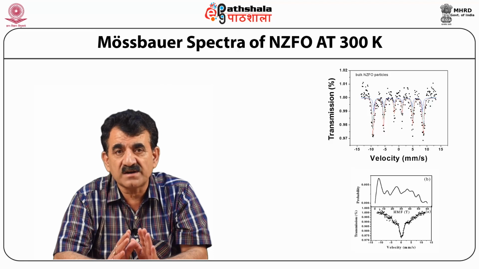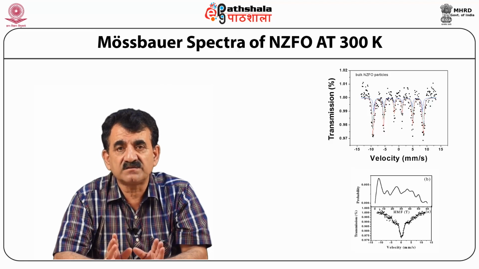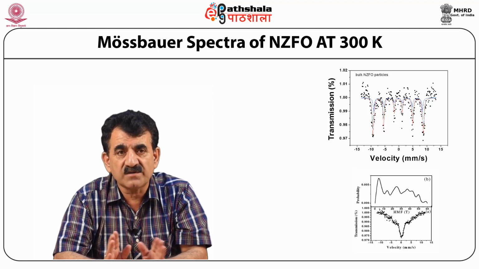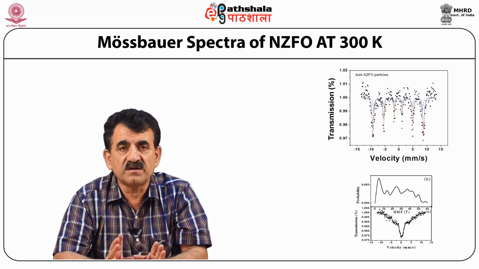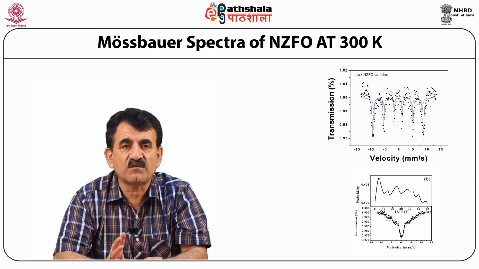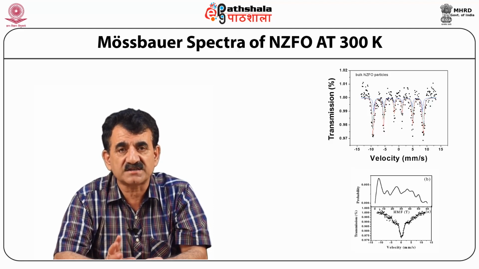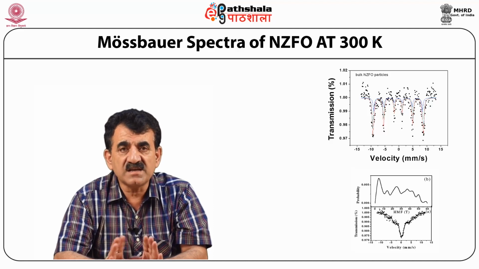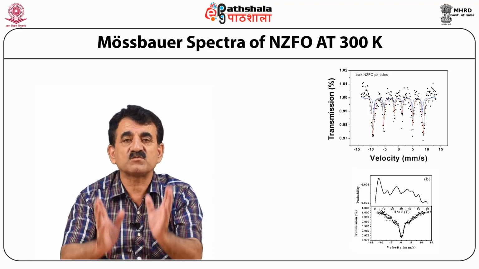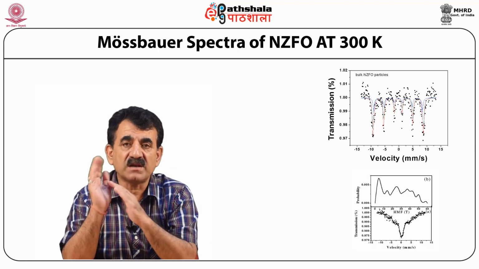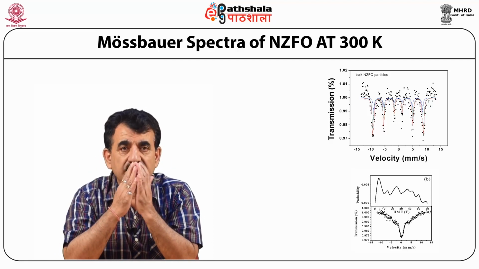There is no well-defined 6-line pattern. So basically this is the Mossbauer spectrum of a single-domain system, which we call the superparamagnetic state. So there is a clear-cut difference in the Mossbauer spectra at the bulk level as well as at the nano level.